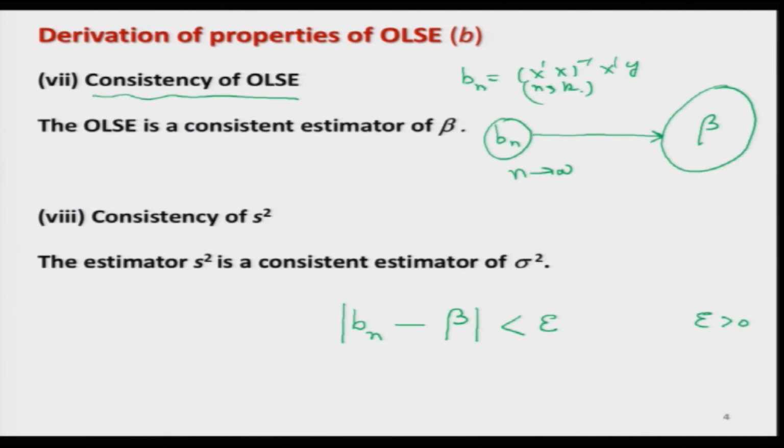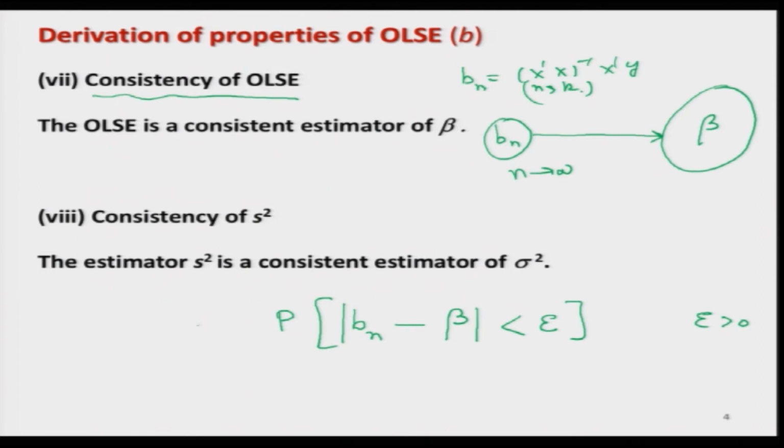Now this is my event, that I want Bn and beta to be close enough. That means I have to put some condition such that Bn is converging to beta. So let me compute the probability of such an event, that the difference between Bn and beta is as small as possible.